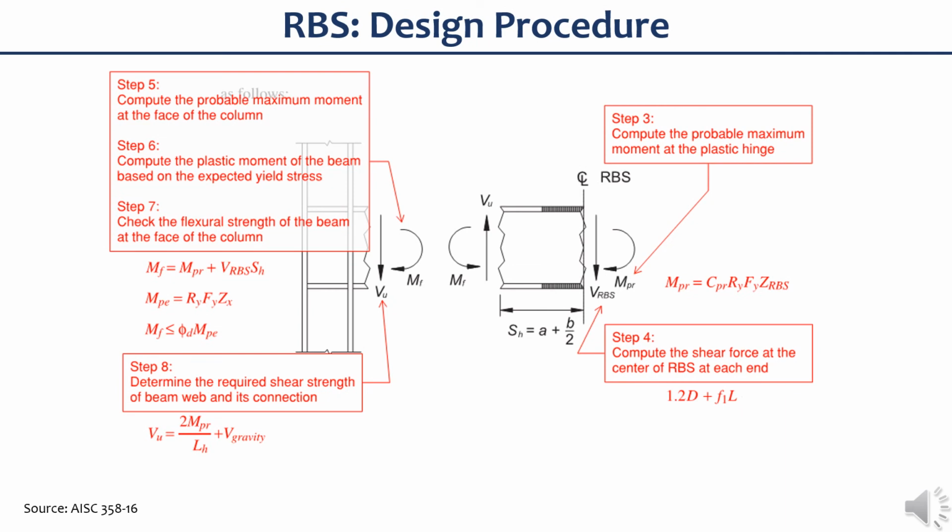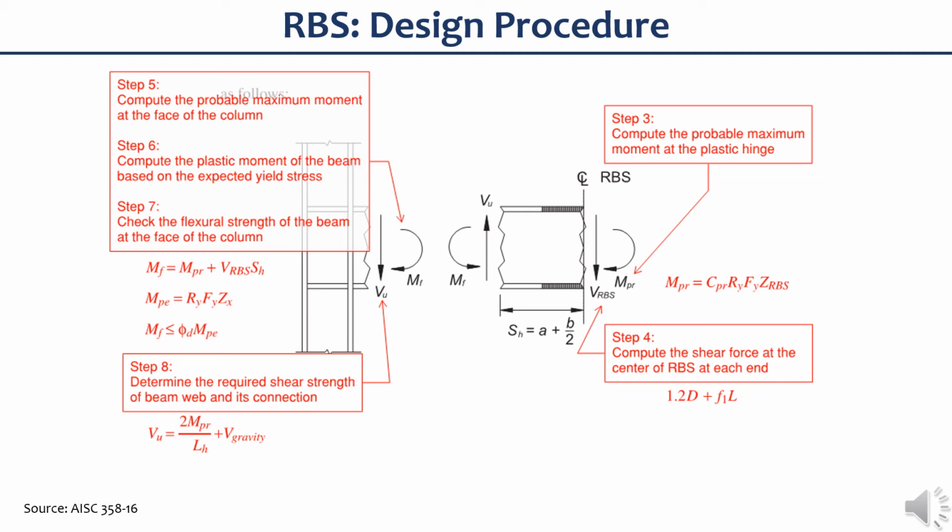For the next step, we should compute the probable maximum moment at the plastic hinge using the equation given as MPR. For step number 4, we should compute the shear force at the center of the RBS at each end of the beam. Note that the shear force at the center of the RBS shall be determined from the FBD of the portion of the beam between the centers of the RBS.